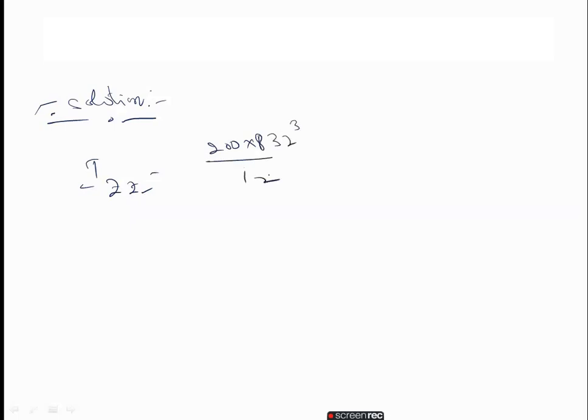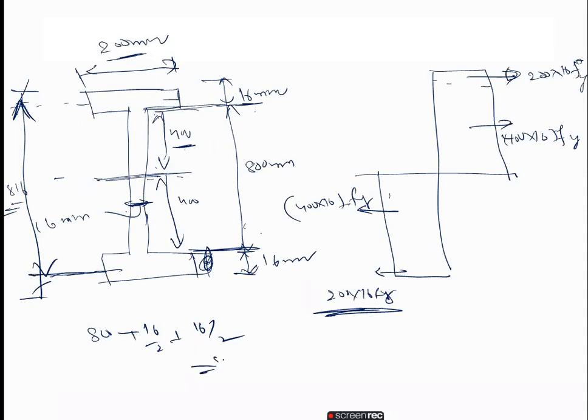First we will solve this problem. For the solution, wait for 1 second. This is a very easy problem, and you can practice it yourself also. First, Izz is nothing but BD cube by 12. B is the flange, 200, and D is 832. 832 means 800 plus 16 plus 16.